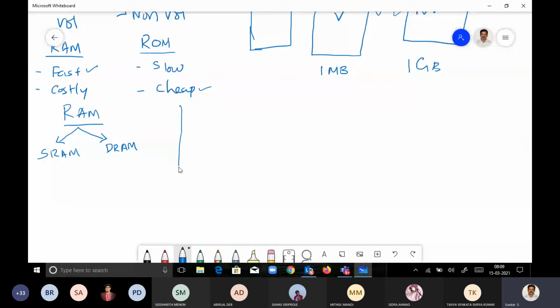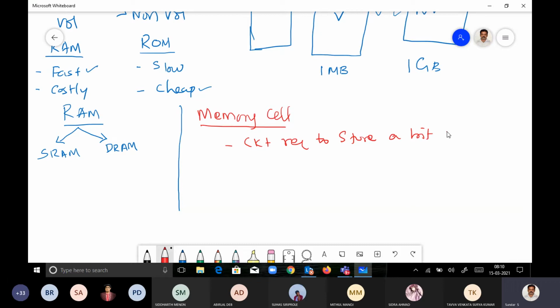Let us understand what a memory cell is. A memory cell is a basic elementary circuit required to store a bit of information.